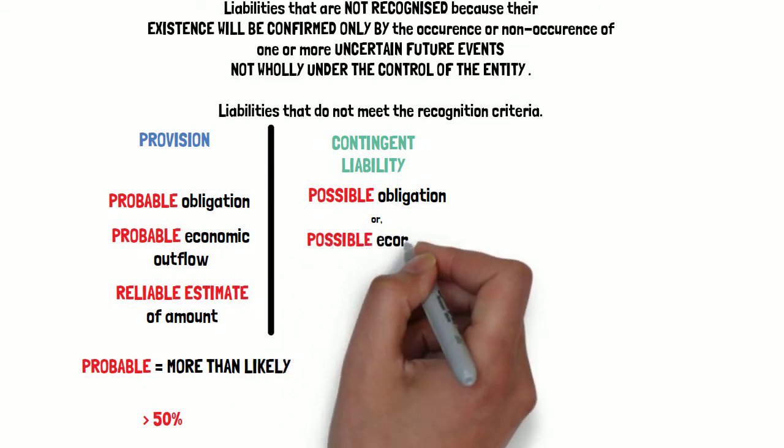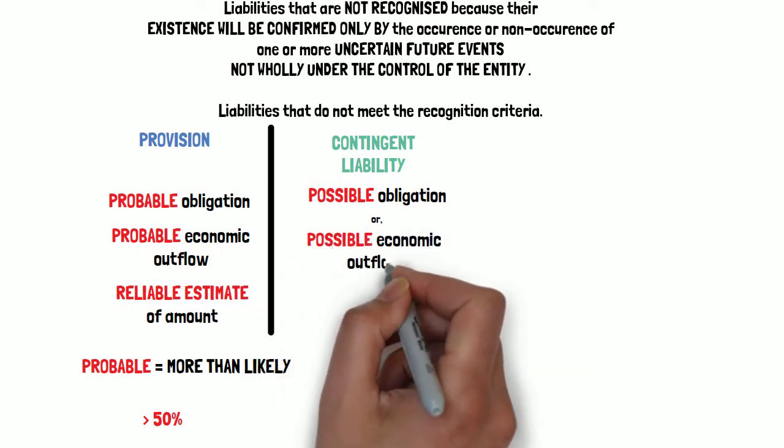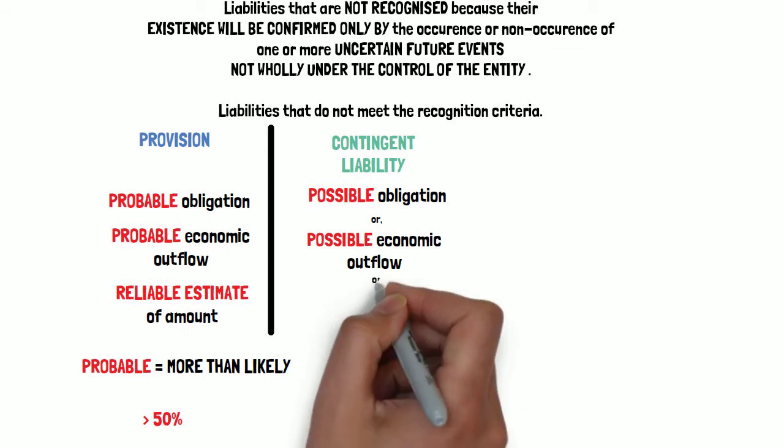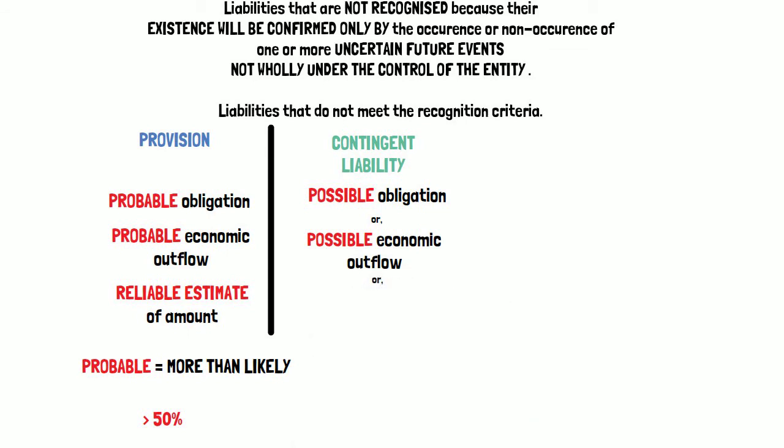Another way that it may become a contingent liability and not a provision is if the economic outflow is only possible. So whereby the event may have occurred and there is an obligating event, but actually that obligating event doesn't give rise to a potential outflow of any economic resource or of any resource that embodies an economic benefit.